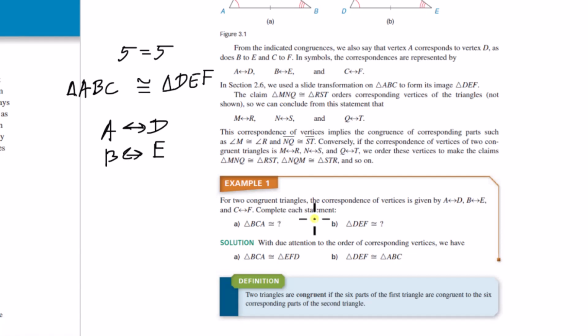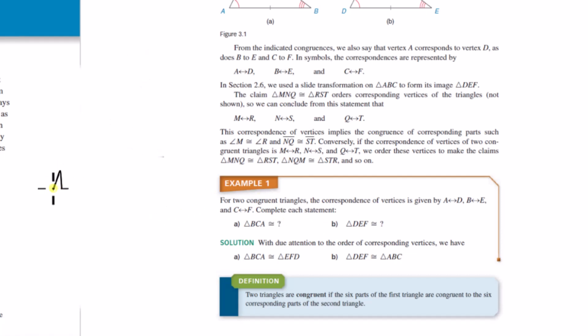So complete each statement. Triangle BCA is congruent to what triangle, if A corresponds to D, B to E, C to F? Well, you just match it up. B corresponds to E, C corresponds to F, and A to D. Like that.